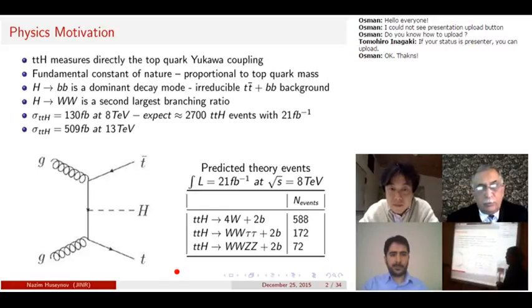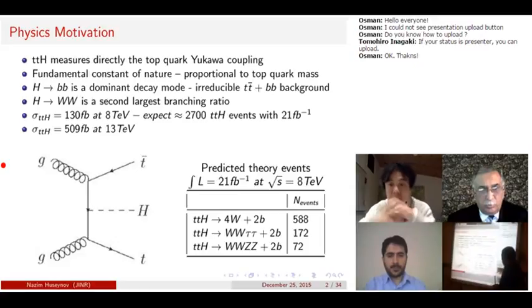And for ttH we have 588 events for ttH with 4W plus 2B, 172 events for ttH with 2W 2 tau plus 2B, and for ttH 2W 2Z plus 2B it's 72 events. These are all theoretical predictions we had before run 1. Next slide, please.